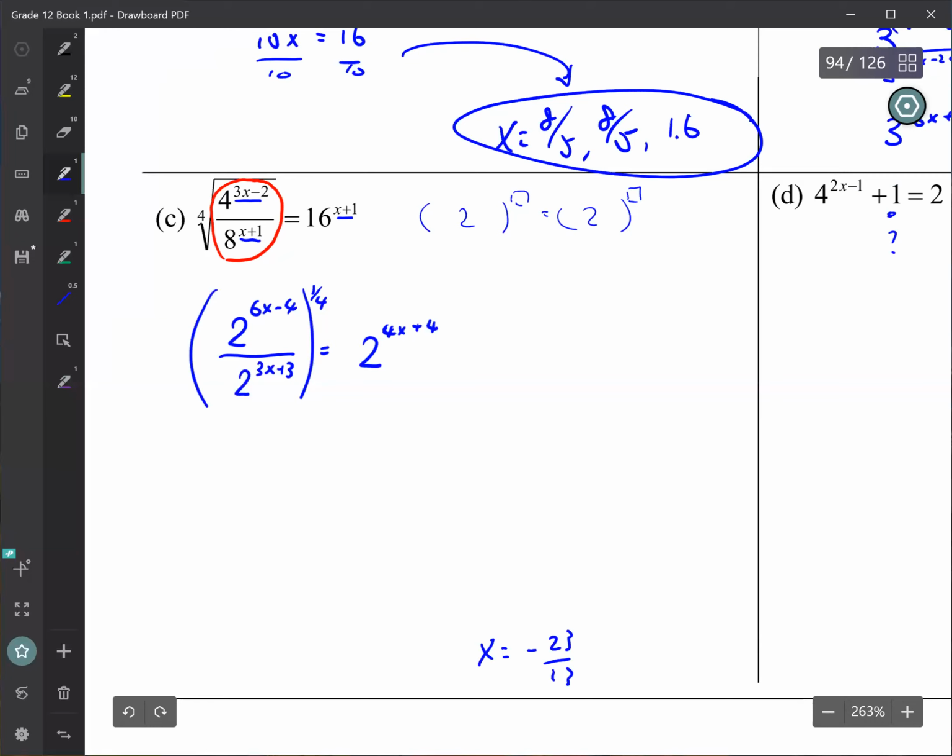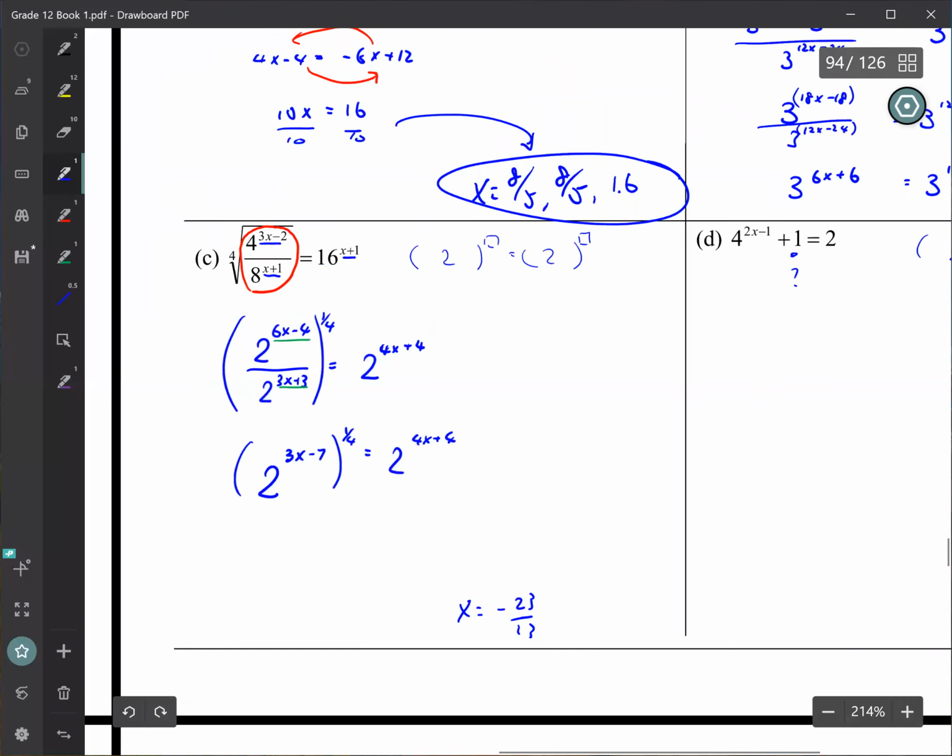Okay? And then after that, the left side, I'm going to simplify the left, right? In the brackets. So they are dividing, so we need to subtract the exponents, okay? The green part. So it will be 2 to the 3x minus 7. And then 1/4 is still waiting. Okay, I cannot drop the base yet, right?